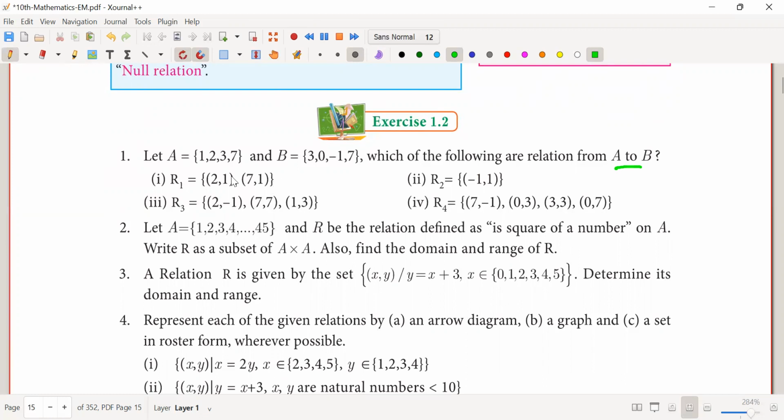So A to B, 1 to 1, 2 to 1, not there, wrong. Then minus 1 is not here at all. This is also wrong. 2 to minus 1, okay. 7 to 7, okay. 1 to 3, okay. This is right. 7 to minus 1, okay. 0 is not here. All right. So this is the right answer.